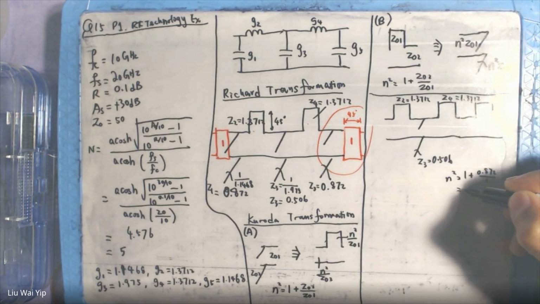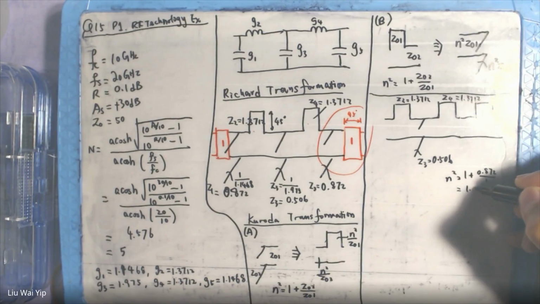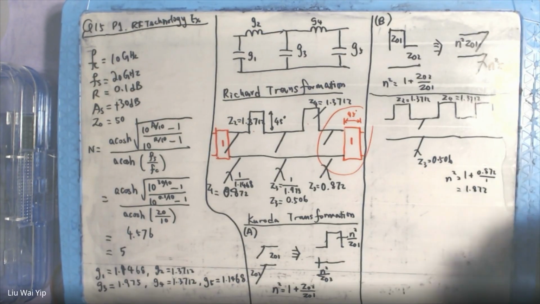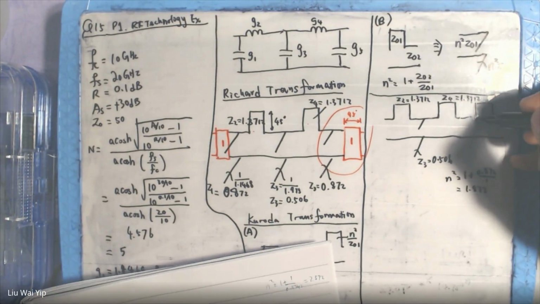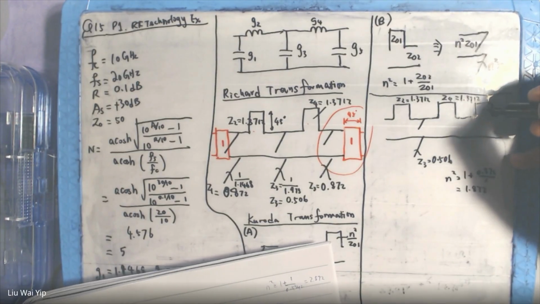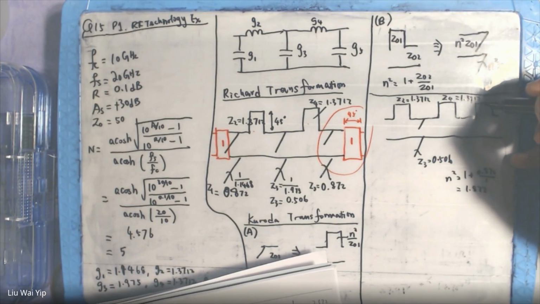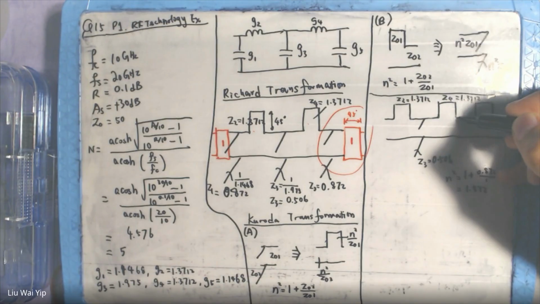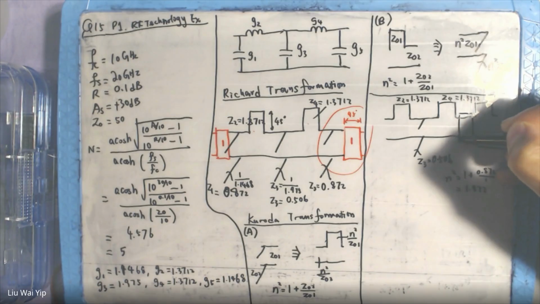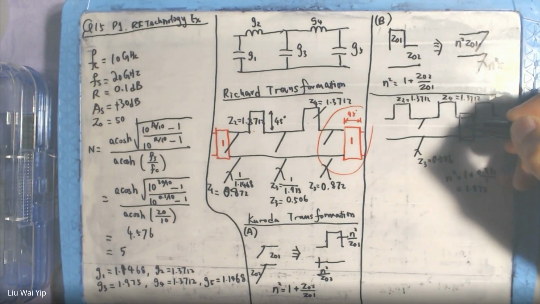So from here, you can get 1.872. So this guy here, if you do it carefully, you get a transmission line here.